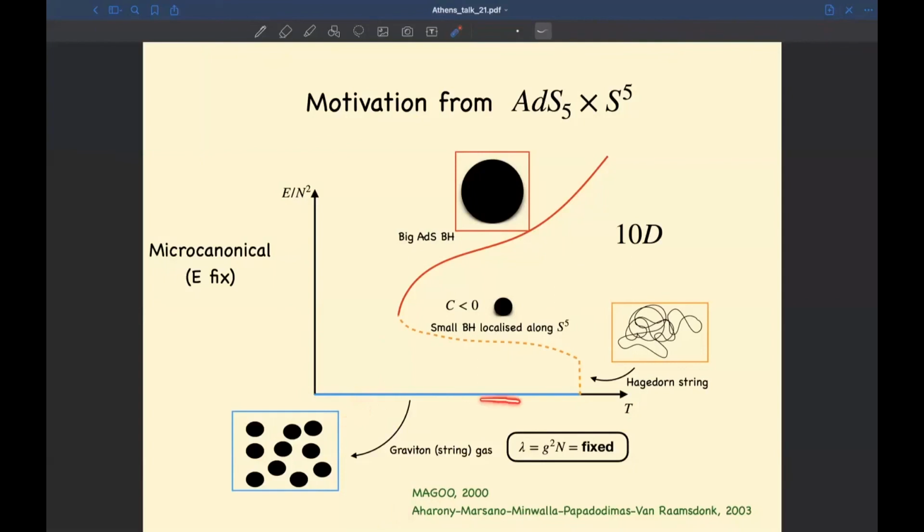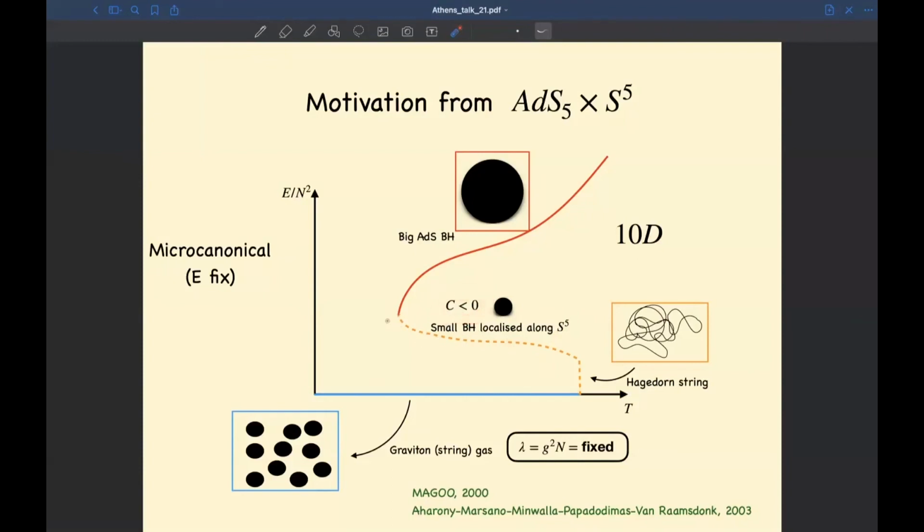As temperature grows, it hits a point where we see the onset of the Hagedorn stream. Then there is an unstable phase, which is connected to small black holes localized along S5. These small black holes are unstable because they have negative specific heat, so as temperature goes down, energy goes up.